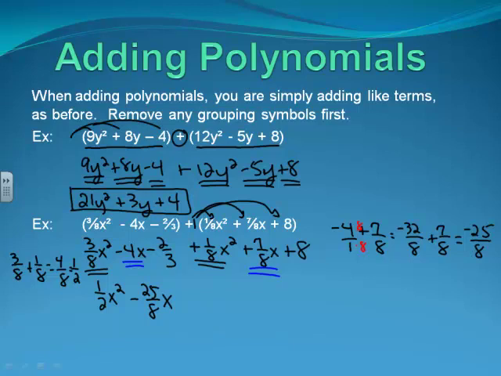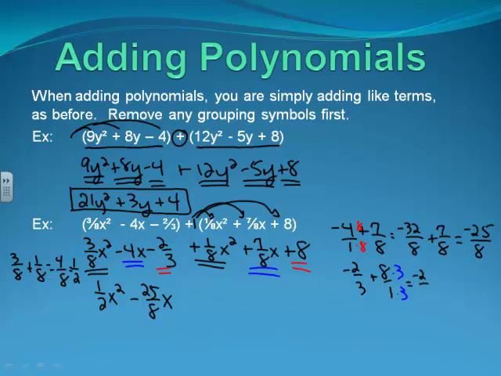And then finally, we've got minus 2/3 and plus 8, so I'll do that off to the side as well. Minus 2/3 plus 8 is the same as minus 2/3 plus 8 over 1. We need a common denominator, so let's build up that second fraction so it also has a denominator of 3.